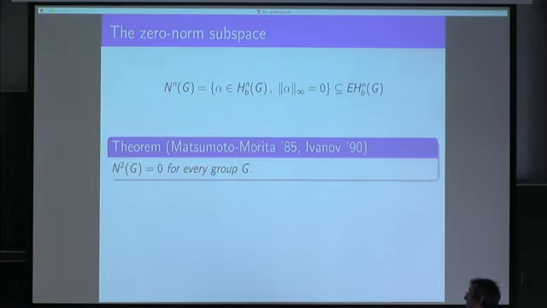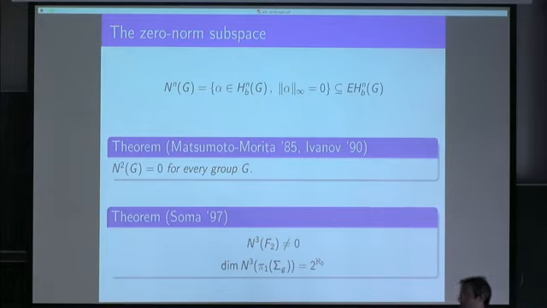But things change in degree 3 because Sommer again proved that there are non-vanishing classes with vanishing seminorm for the free group, and there are many if we go to surface groups.